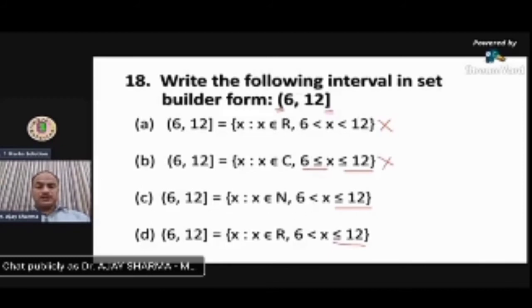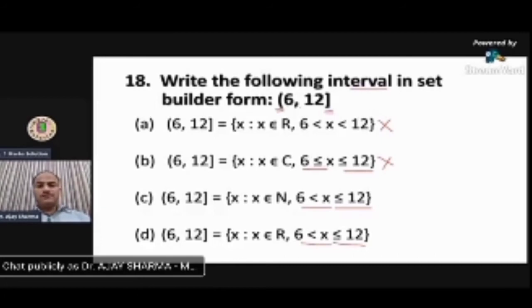Now among these two options we need to think which one is the correct answer. They are exactly the same value written over here. When we talk about intervals, look guys, this is very important information.